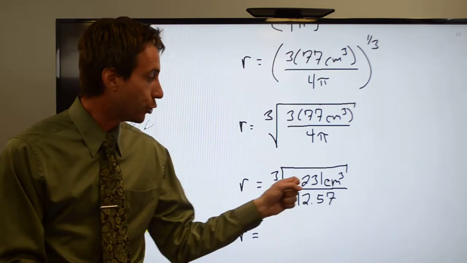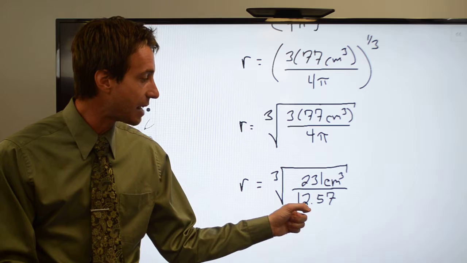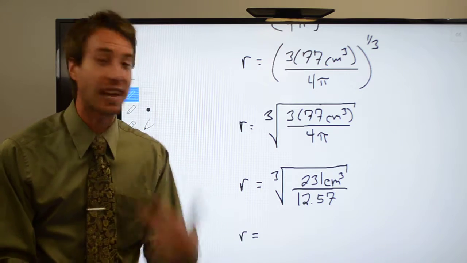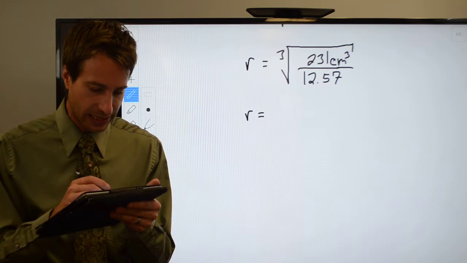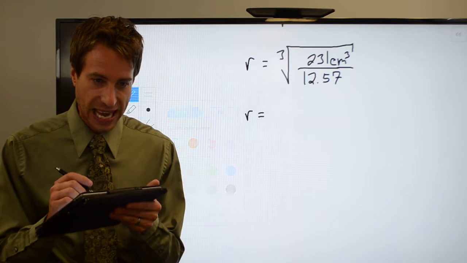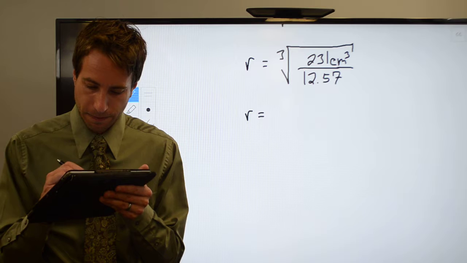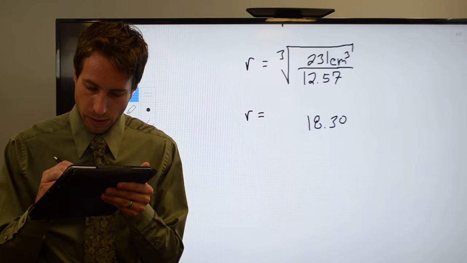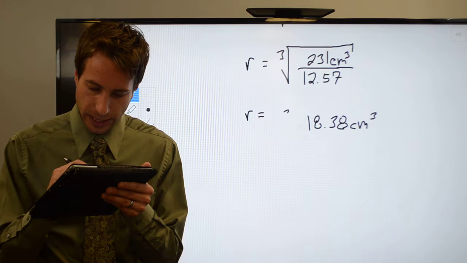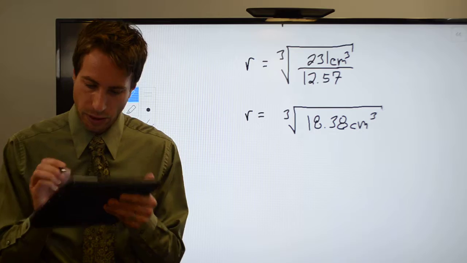So 231 centimeters cubed divided by 12.57. I would do that first in my calculator, and what I got was 18.38 centimeters cubed. And we'll be taking the cubed root of that.